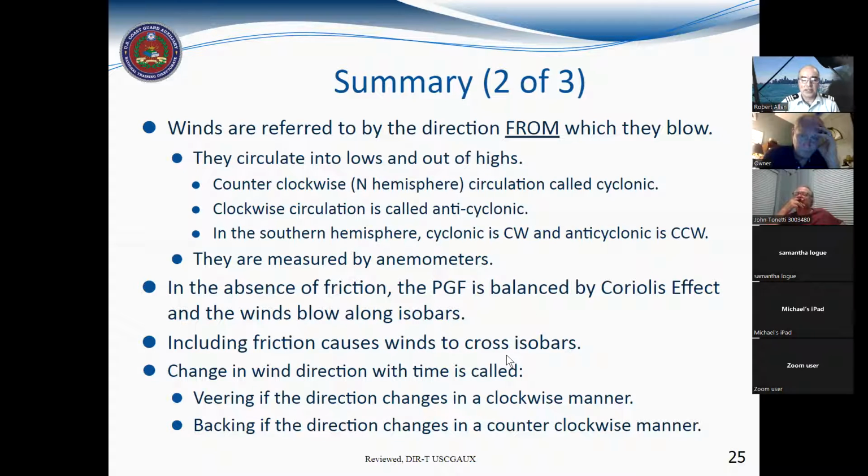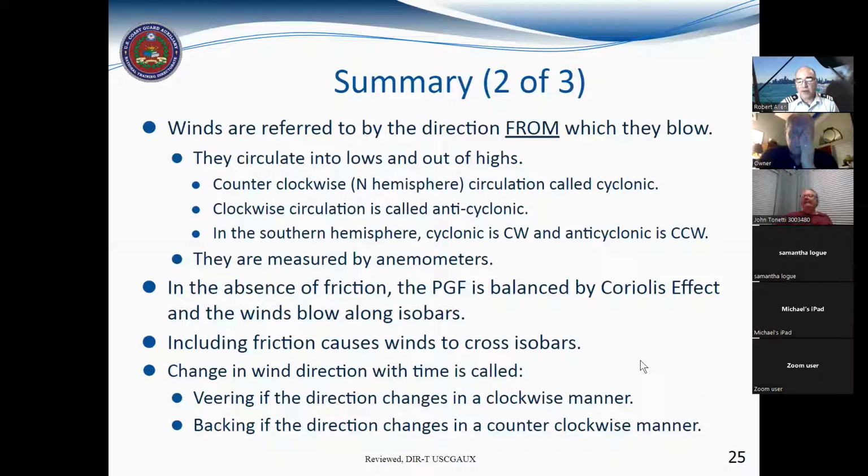Not completely. It's not going to fill in that low pressure, but it'll blow sort of inwards towards it. Remember how it says that when the wind is in your face, you stick your right hand out? Well, at the surface, you've got to point a little bit backwards because of those friction effects, and that tells you where the low pressure is. Changes in wind direction with time are called veering if the direction changes in a clockwise manner, and backing if it changes in a counterclockwise manner.